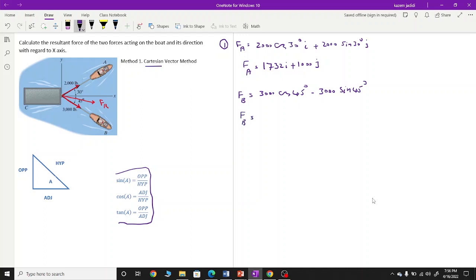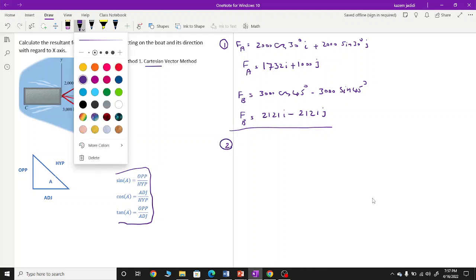And if you solve it, it's going to be, again, 2121 I and negative 2121 J. Cosine and sine 45 are equal.